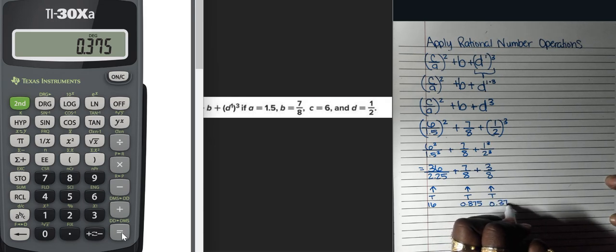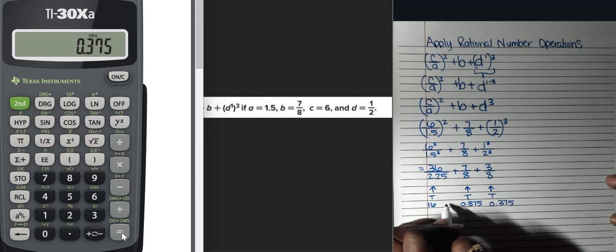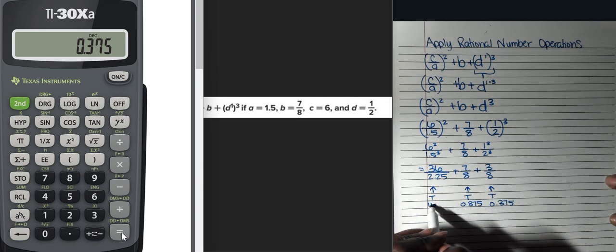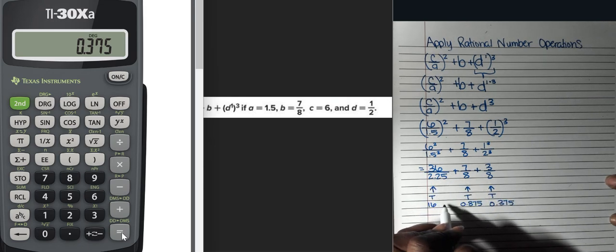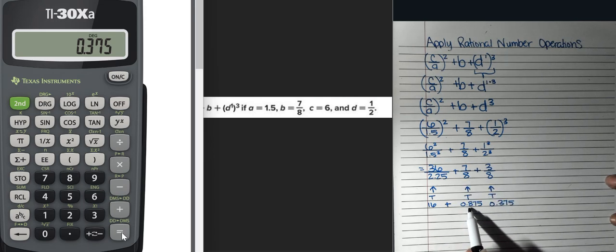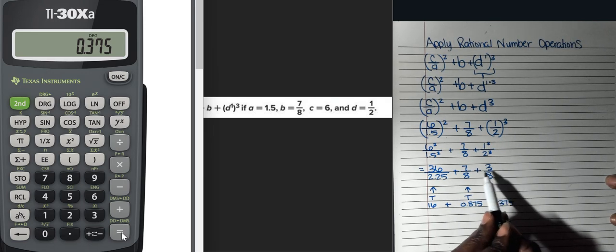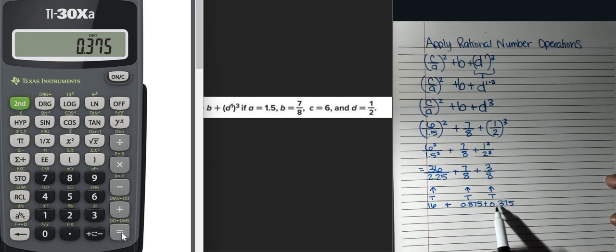So with all of them being terminating decimals, remember that you can convert everything into decimal form, which I've already started doing. So 36 over 2.25 is 16. And then we're going to add in 7/8, which we found is the same thing as 875 thousandths. And then we're adding 3/8, and that is the same thing as 375 thousandths.